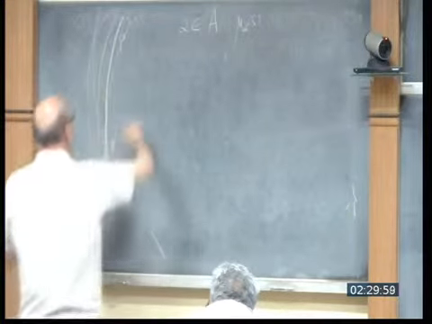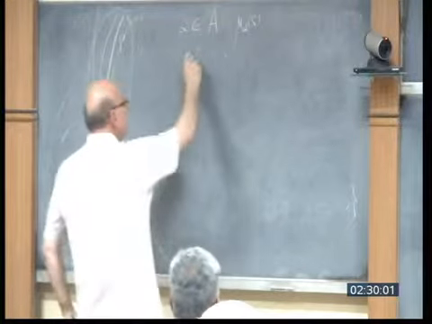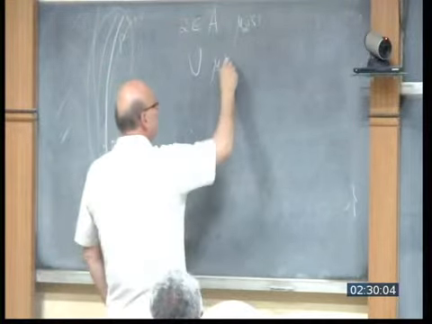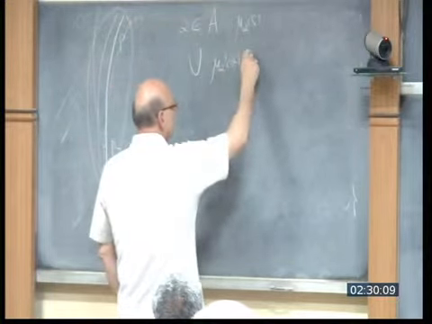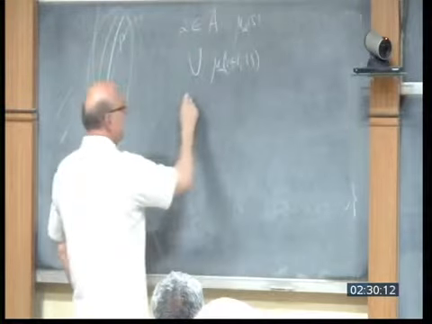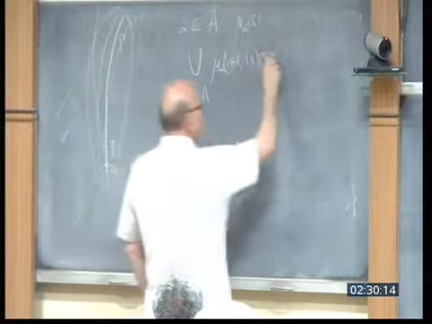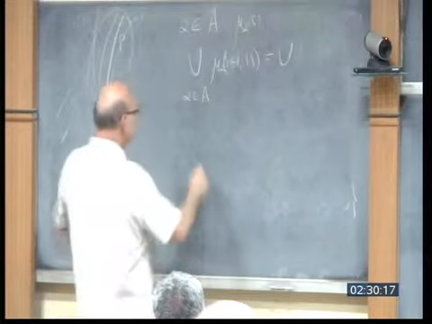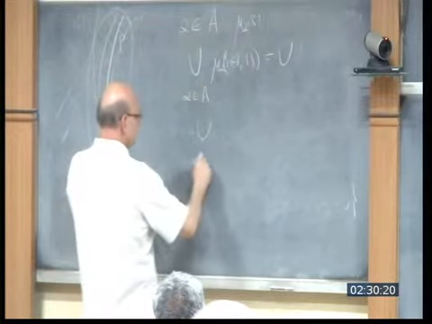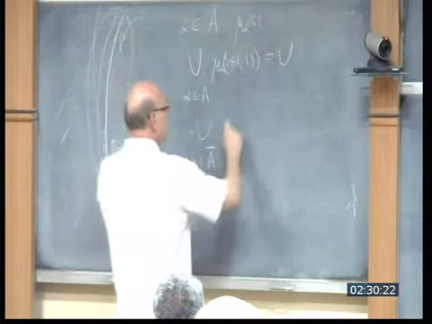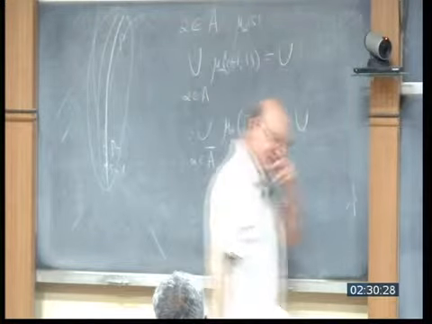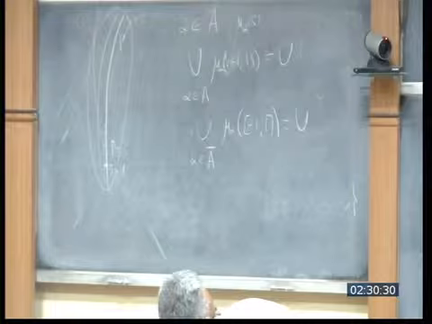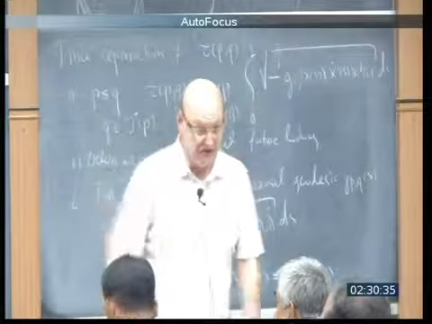And altogether, if you take the union of this mu alpha of S, with S from minus 1 to 1, the open interval, and alpha belongs to A, that will be our U. And if you take the closure, mu alpha of minus 1, 1, that will be the closure of U. Okay, so somehow you represent your U as the union of the paths.